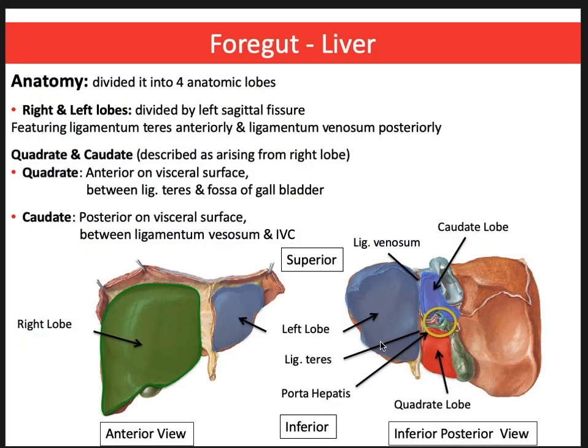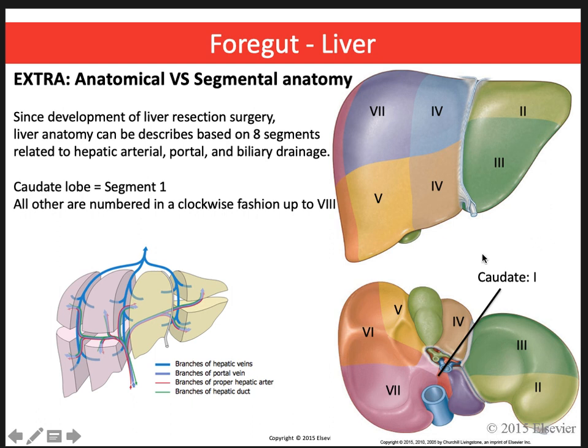So if you look at a more descriptive way of describing the liver, this is extra material and don't worry about it. Surgically, each lobe can be subdivided into what we call segmental lobes. They are all individually functional, so they all receive their blood supply, their veins, and their hepatobiliary system.